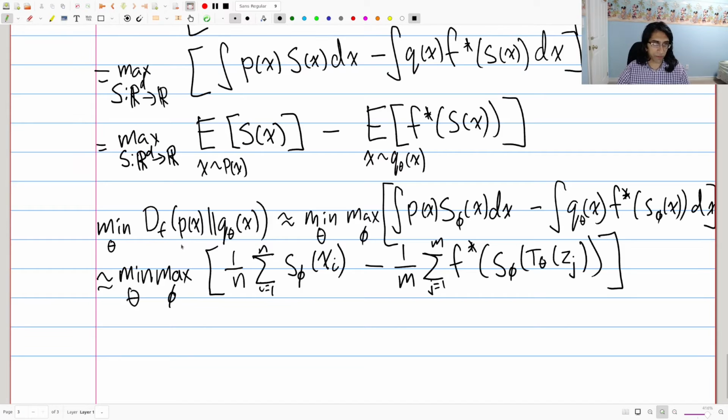Different f divergences will lead to different types of GANs and different types of results, but we're going to specify our f nonetheless. And once you specify that f, then this f star will be easy to calculate. We did one of these calculations before. So no matter what f divergence we look at, we can always come up with an f star here. So that's no problem.